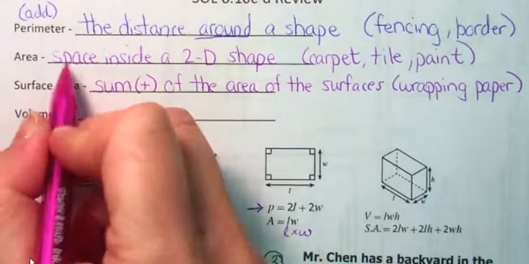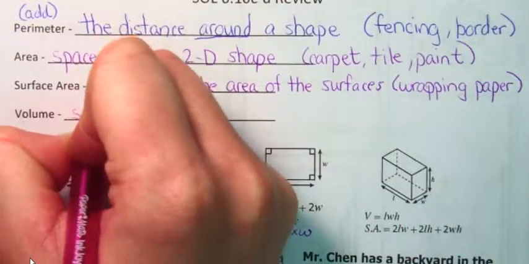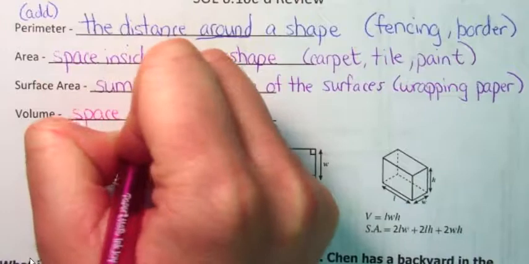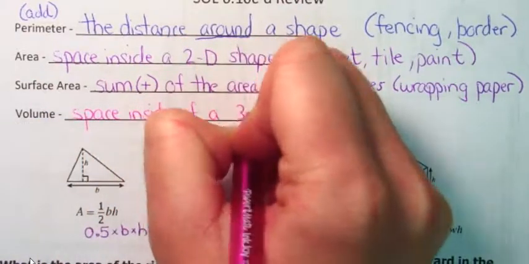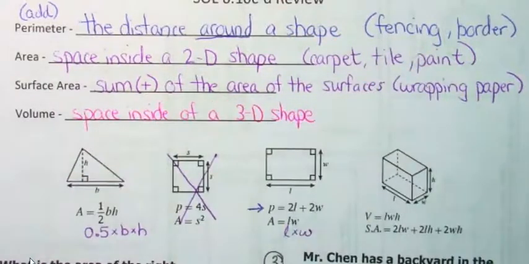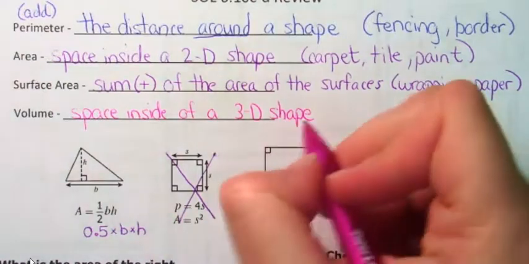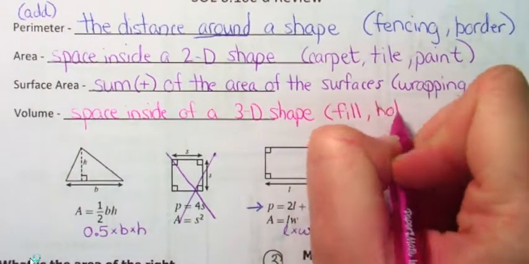The last one that dealt with in this unit is volume. Volume is the space inside of a 3D shape. This would be like when they ask you how much it takes to fill something. How much can something hold?